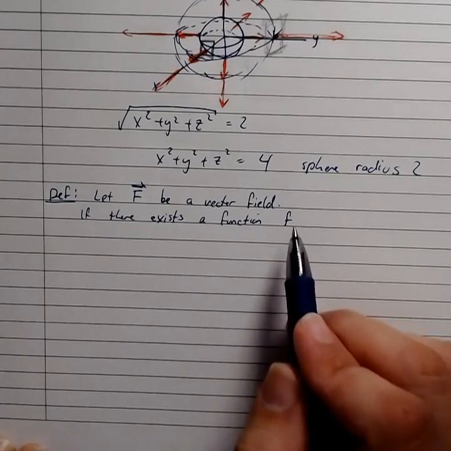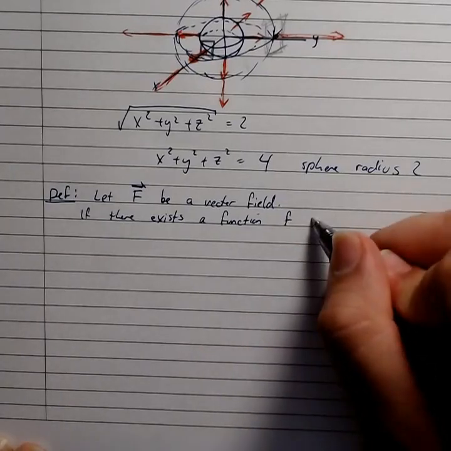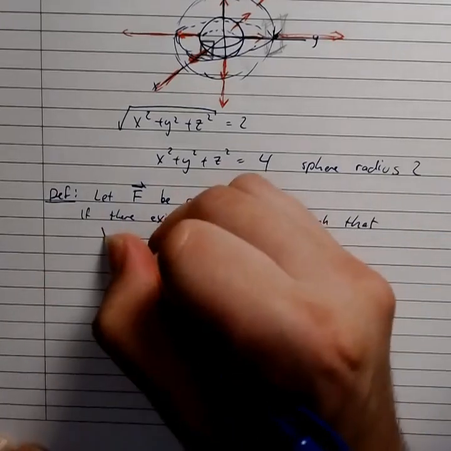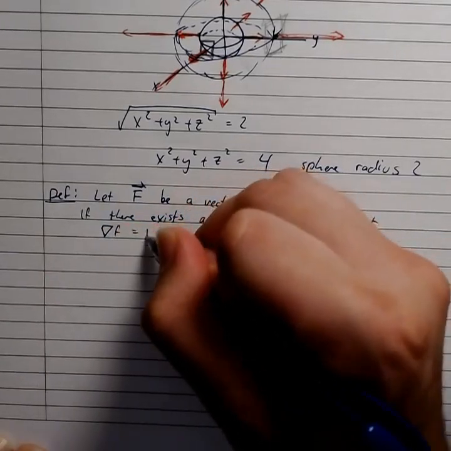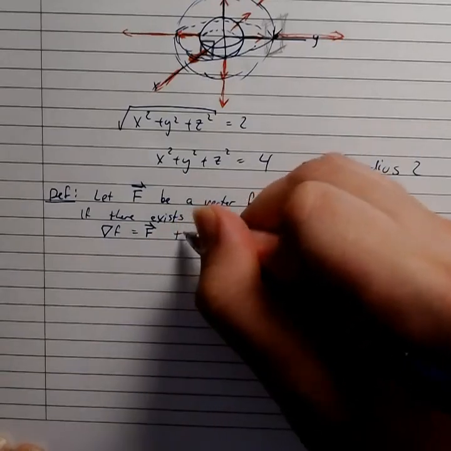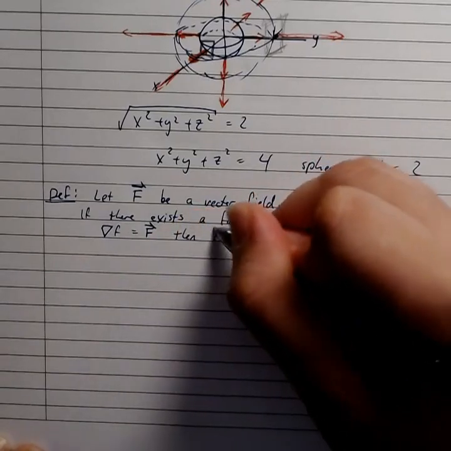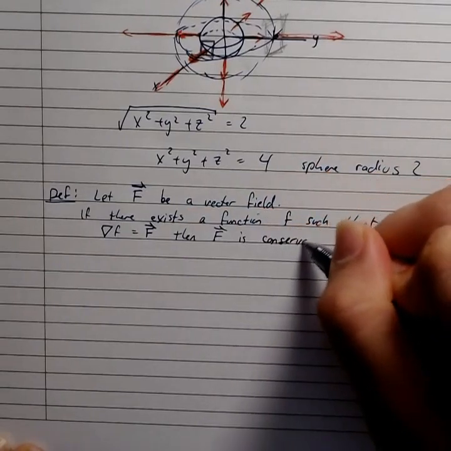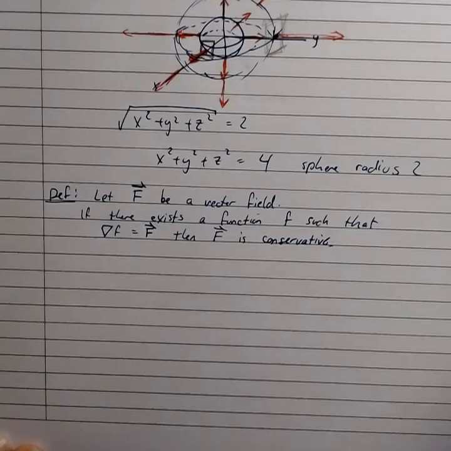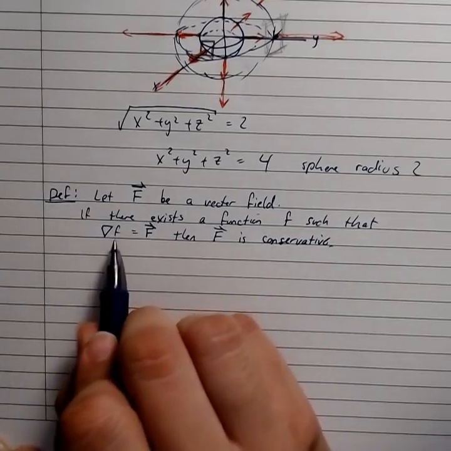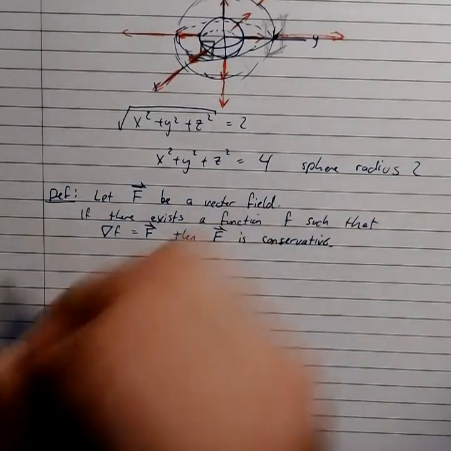If there exists a function little f such that the gradient of that little f is equal to our vector field, then that vector field is called conservative. If that little f exists, it's called the potential function of our vector field.